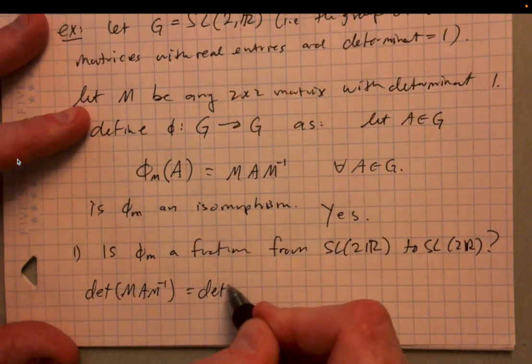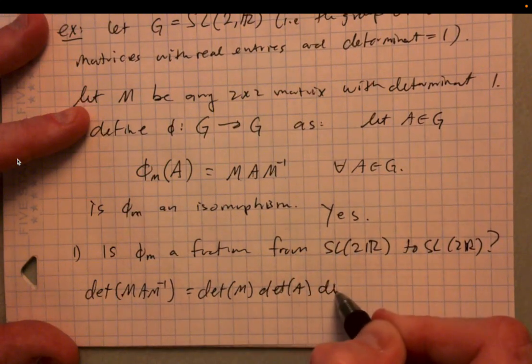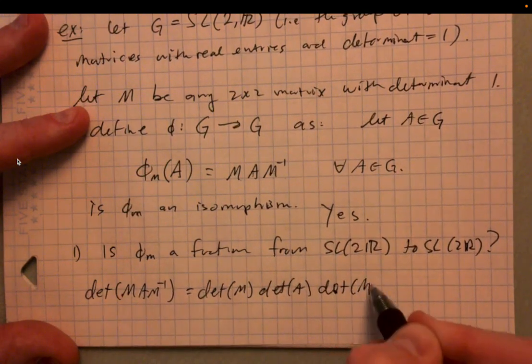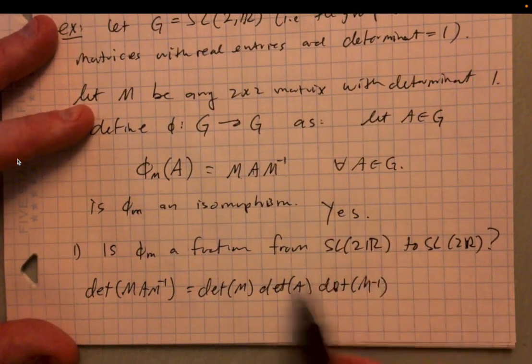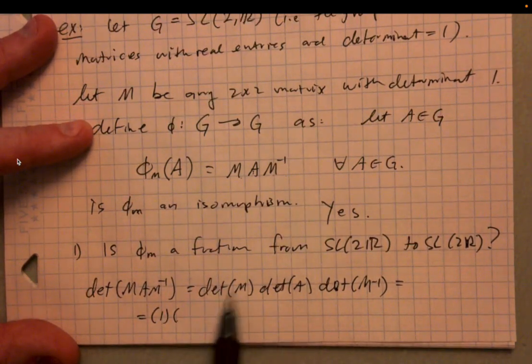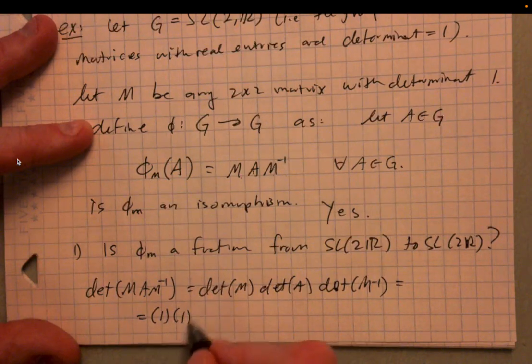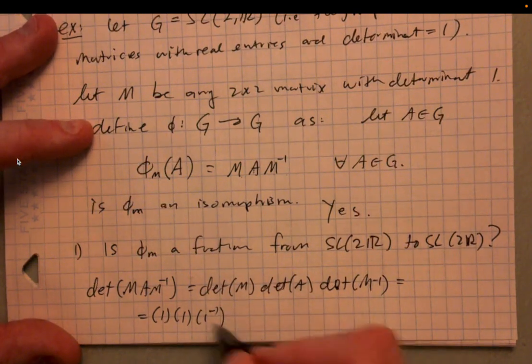These are all matrices with a determinant of 1, so we can break the determinant up. You may not have seen this in linear algebra. I hope you have, otherwise this is total nonsense to you. But if you have seen it, you know this is indeed fine. The determinant of M is 1, the determinant of A is 1, and the determinant of M inverse is the same as the determinant of M. It's actually 1 inverse, but in that case it's the same.